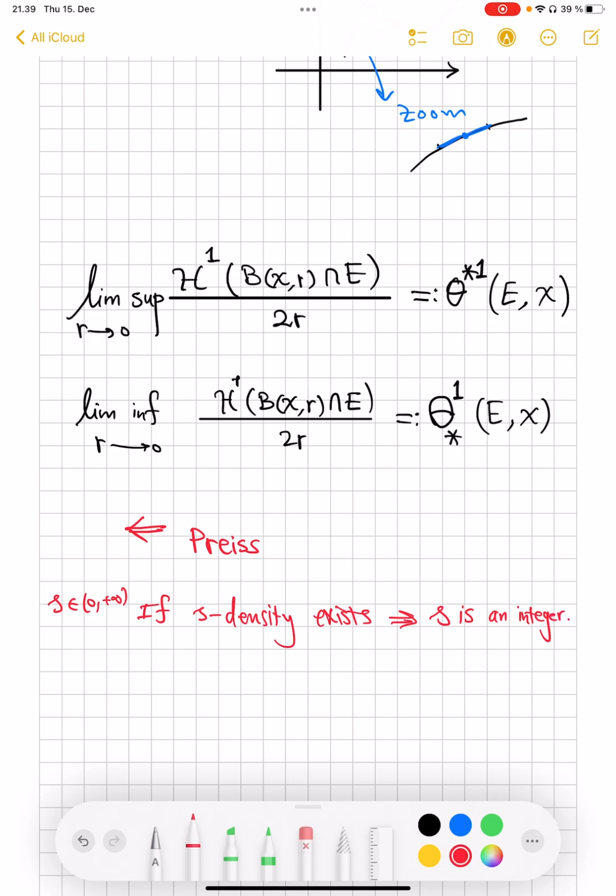So why can't you have that equality in non-integer dimensions? Okay, so this probably fits into the third condition. But once you know that S is an integer and the density exists almost everywhere, then Preiss has proven that your set must be rectifiable.